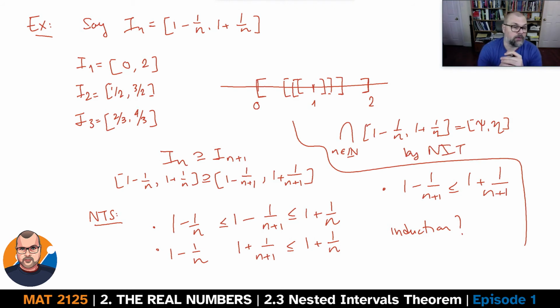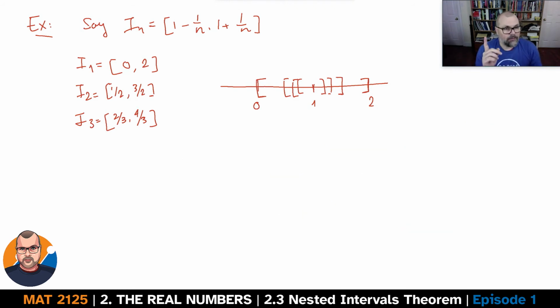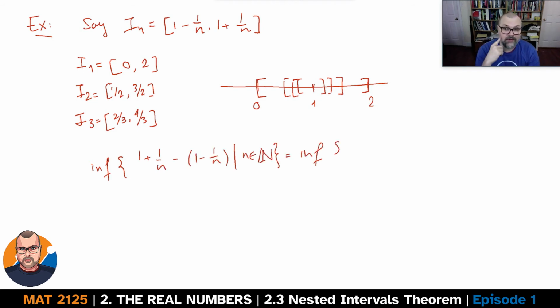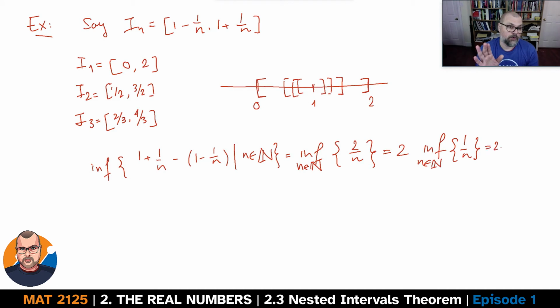And on top of that, you can show that the infimum of the length, which is to say b_n minus a_n, actually the infimum of 2 over n. Simplify this expression here. This is something that you've already seen how to compute. This infimum would be twice the infimum of 1 over n, which we know to be 0.